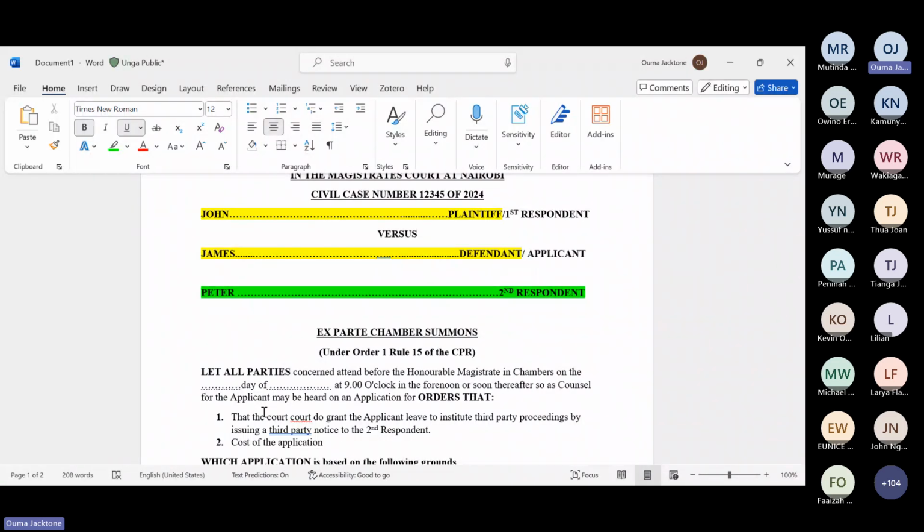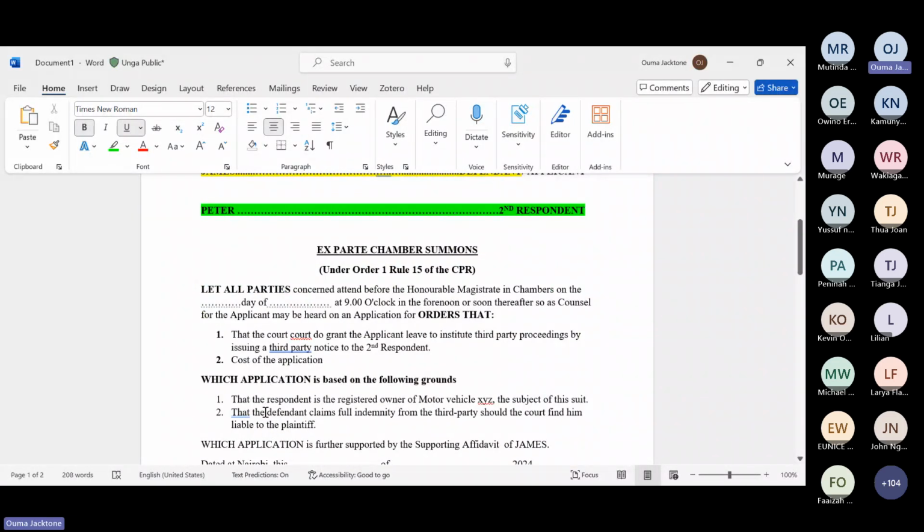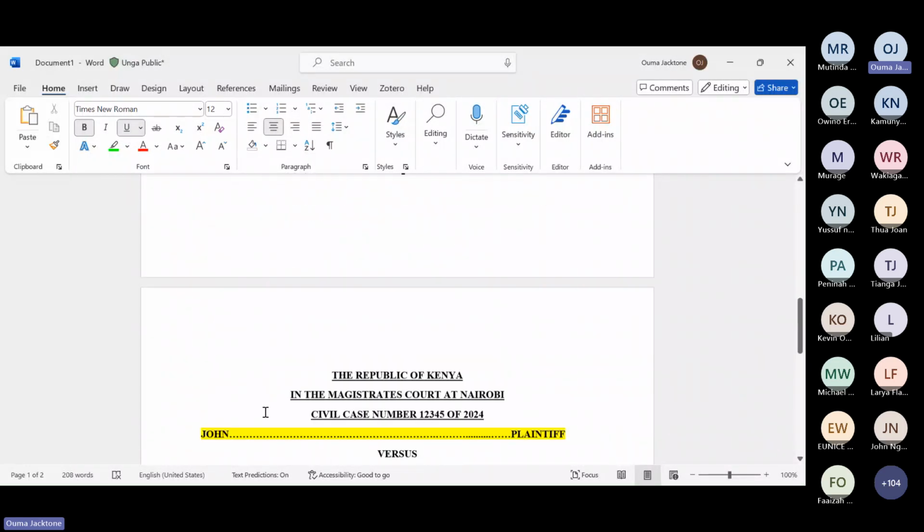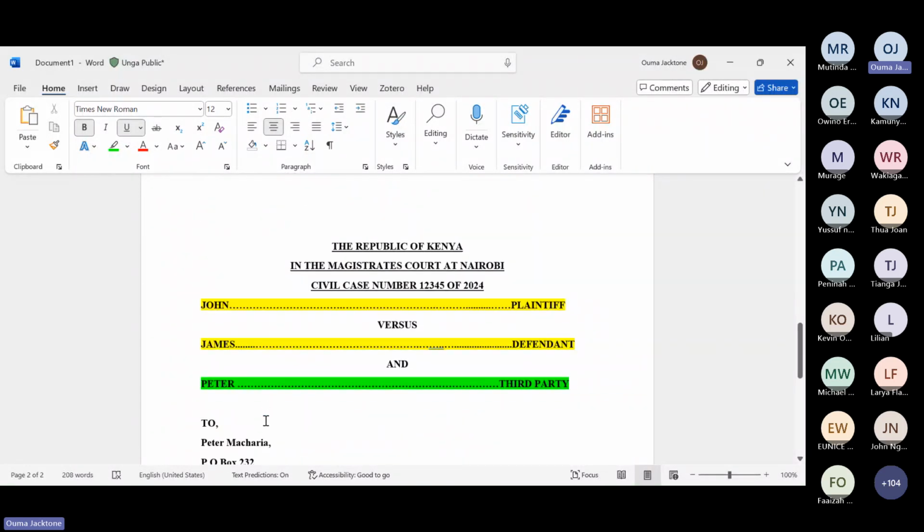You have to get leave to institute third-party proceedings by issuing a third-party notice to the second respondent in that case. Your grounds will always be the same, you just copy paste them, and then you do your supporting affidavit, which will contain your grounds. Then you come and issue the third-party notice.